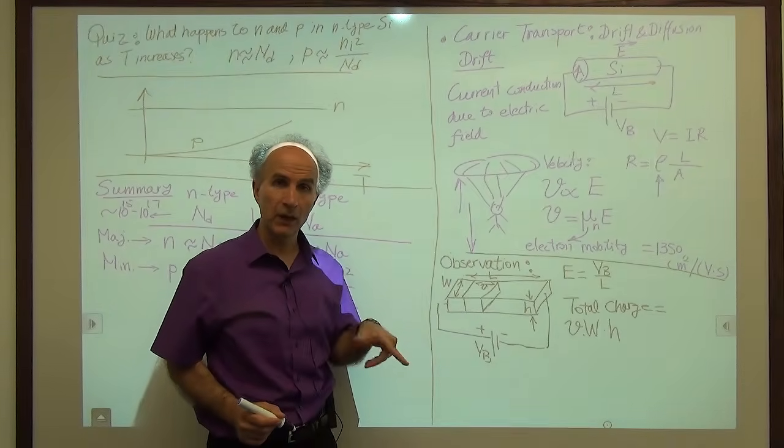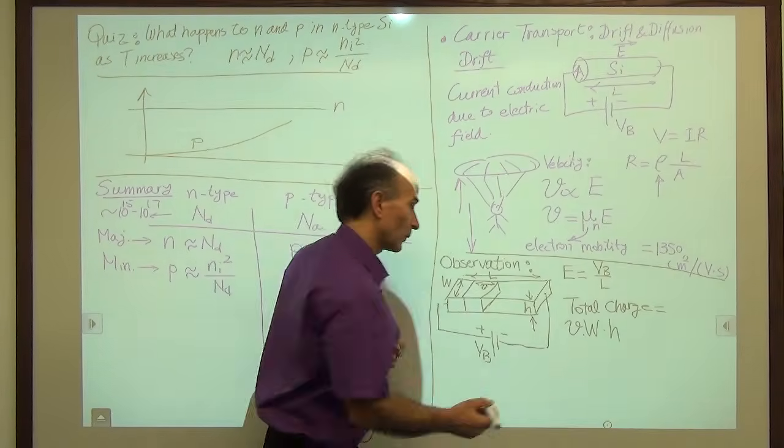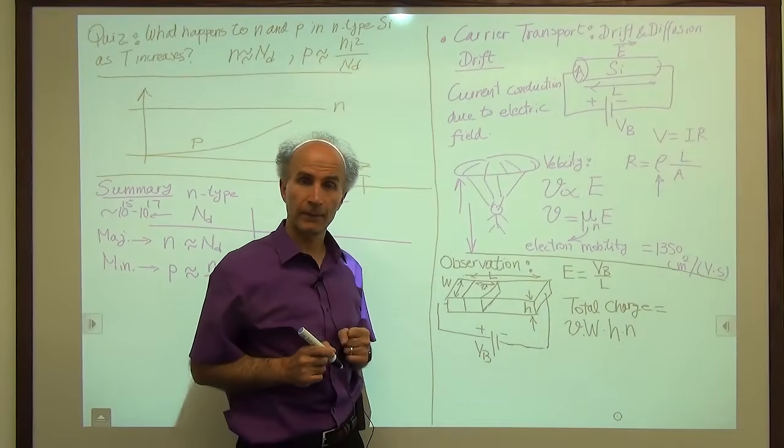Now inside here we have a certain carrier density. Let's say it's an n-type material, so we have n free electrons per cubic centimeter.